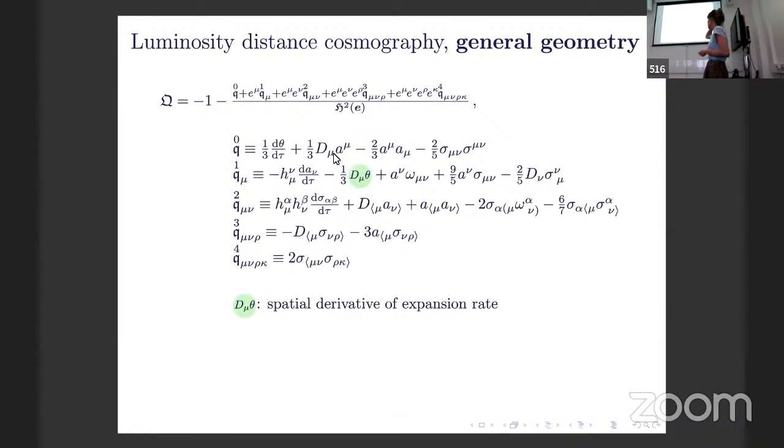So some important correction terms in this hierarchy of multiples is, for instance, this term here, which is given by the spatial gradient of the expansion rate of space.